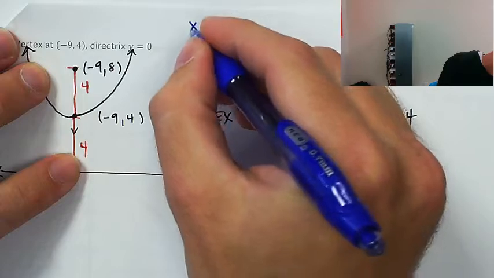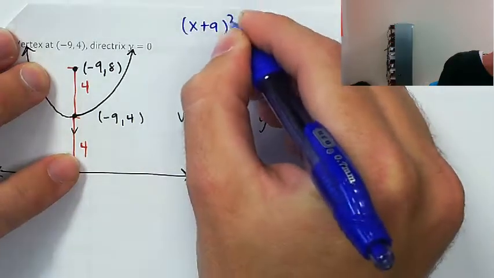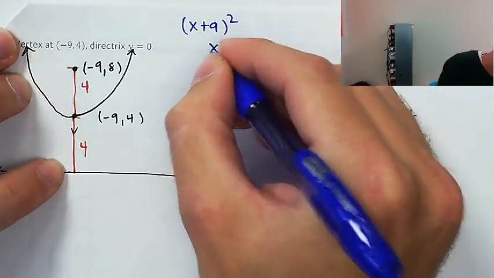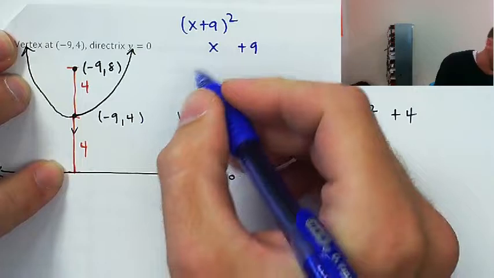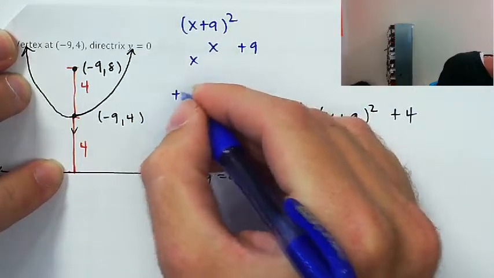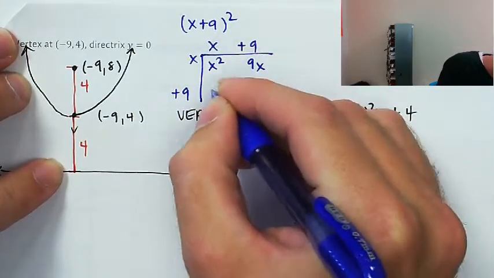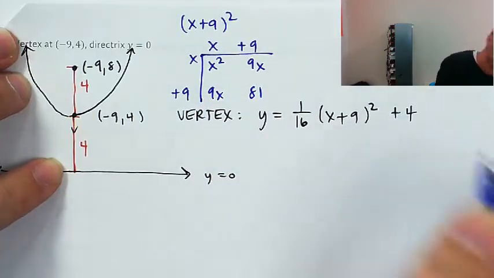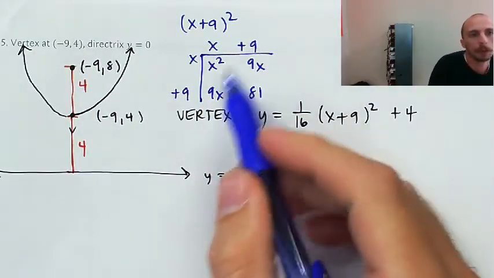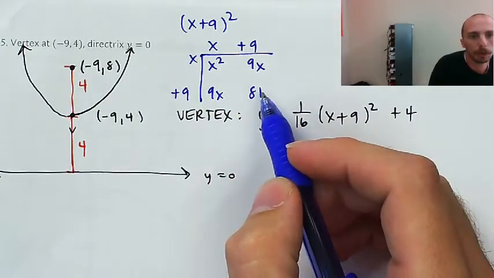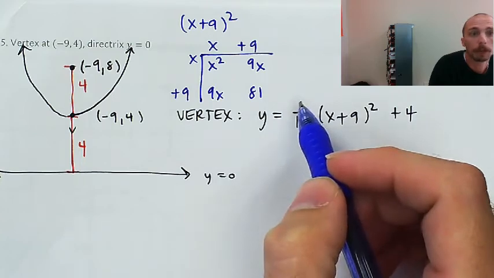Maybe this time I'll go over here. If I want to do x plus 9 squared, I'm going to do x plus 9 multiplied by x plus 9. Okay. And I'll have x squared plus 18x plus 81. Okay, but I'm going to divide everything by 16.